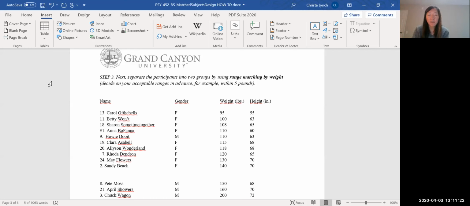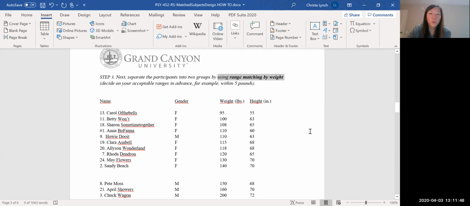So if I say 5 pounds, then I'm going to do my best to make pairs of participants that are within 5 pounds of each other. I may not be able to do that with everyone, but that's my goal, is to get literally matched pairs, so pairs that are matched by weight as closely as possible, specifically within 5 pounds. And that is range matching.